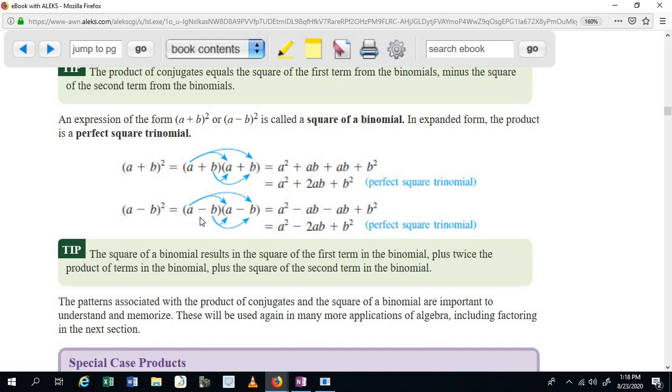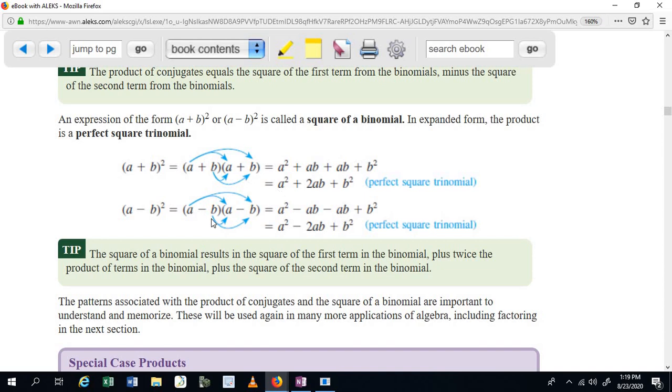Now, it could be that both of these are minus signs. If you FOIL this out, let's see what you get. First would be a times a, a squared. Outer would be a times minus b, which is minus ab. And then the inner would be minus b times a, which is minus ba, but you can write that as minus ab, switching the order of multiplication.